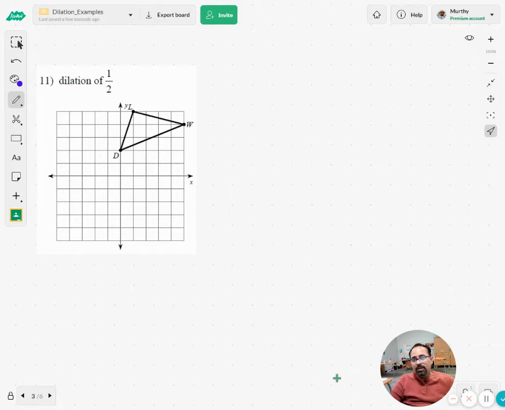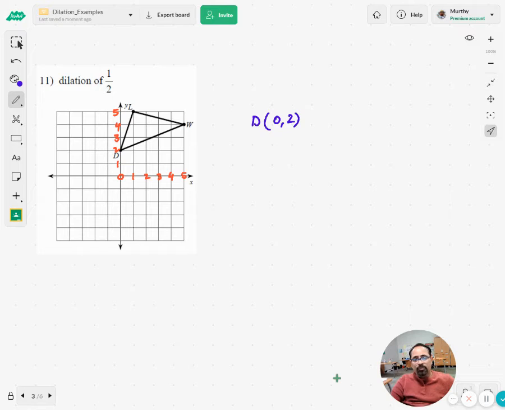Like, let me mark the numbers on the coordinate plane: 0, 1, 2, 3, 4, 5. These all are in quadrant 1. So I'm not marking the other numbers. So I see that point D has x value 0 and y value 2.